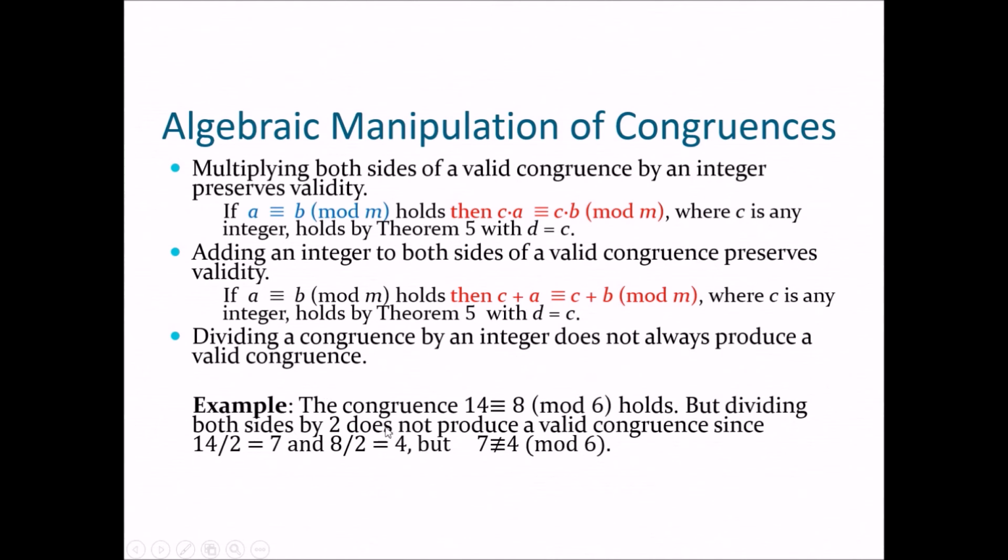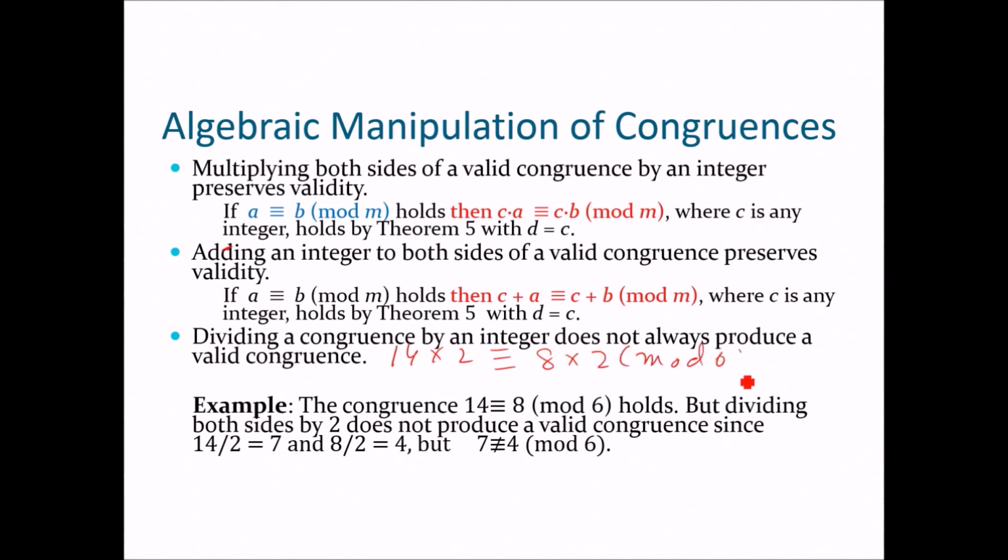So let's have an example. If we have the congruence relation 14 is congruent to 8 mod 6, let's multiply this congruence relation by 2, like 14 multiplied by 2 is congruent to 8 multiplied by 2 mod 6.